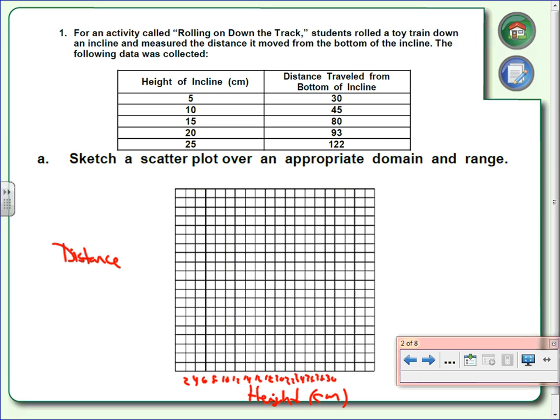Yes. All right, let's try it. 10, 20, 30, 40, 50, 60, 70, 80, 90, 100. Yes, we are. All right, so it looks like we're going to be in good shape. So there's 10, 20, 30, 40, 50, 60, 70, 80, 90, 100, 110, 120, 130, 140, 150, and so on and so on.